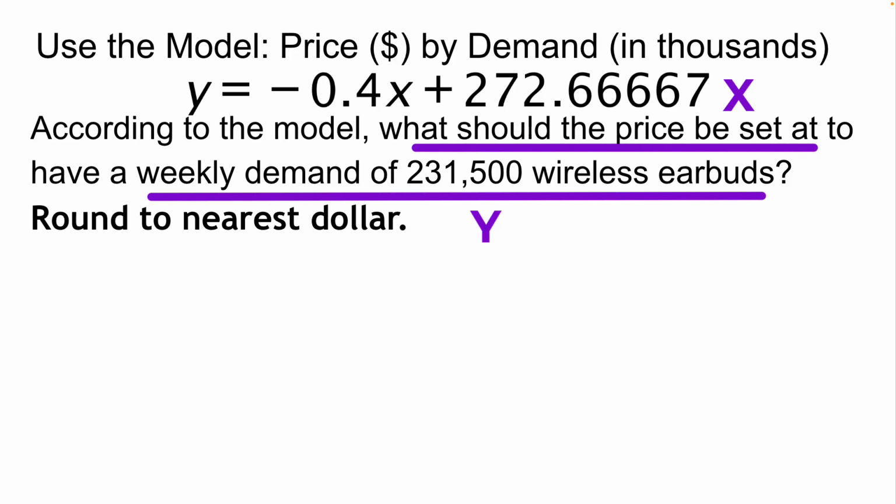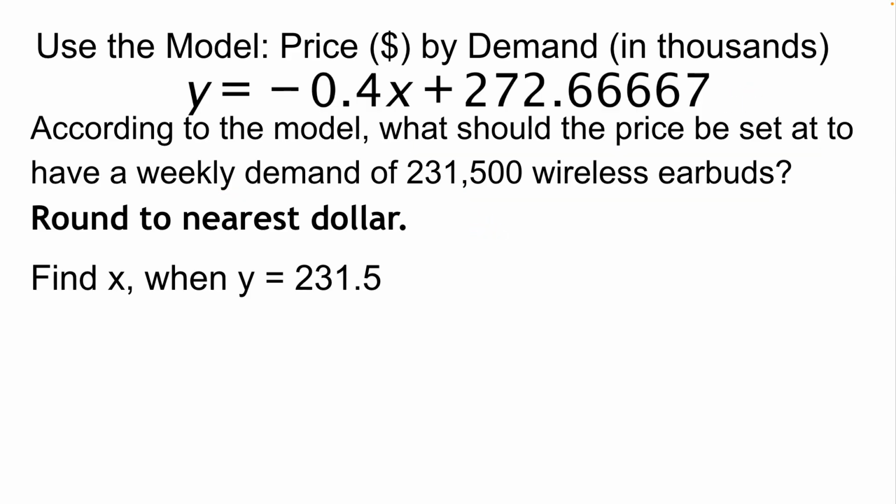So 231,500 would be the same as 231.5 measured in thousands. So to summarize here, we want to find X when Y is equal to 231.5.